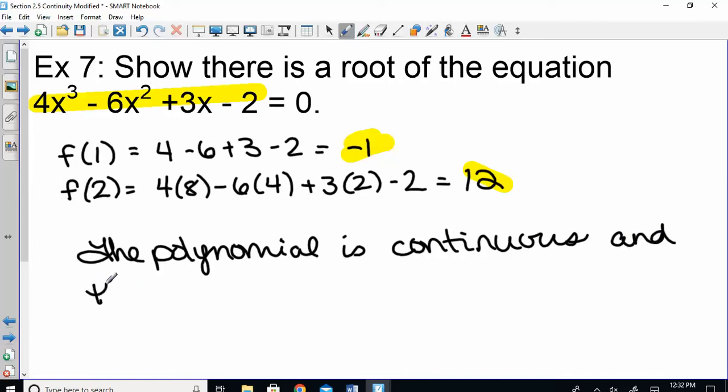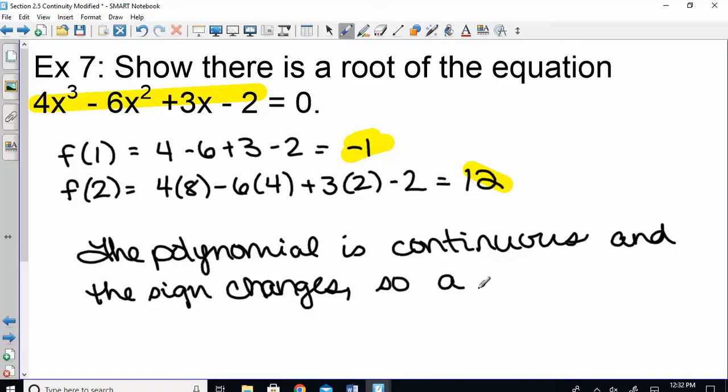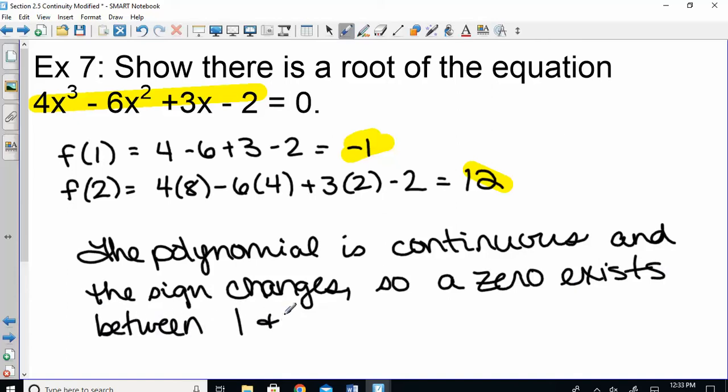And the sign changes. So a 0 exists between 1 and 2.